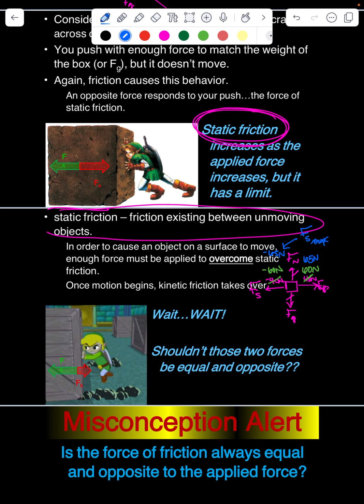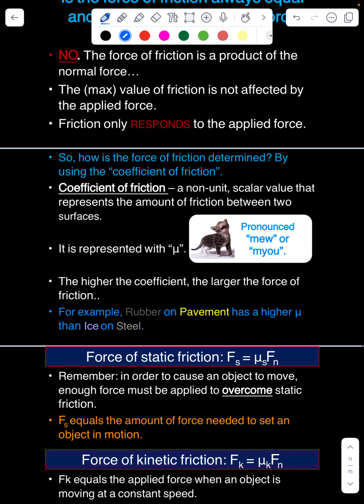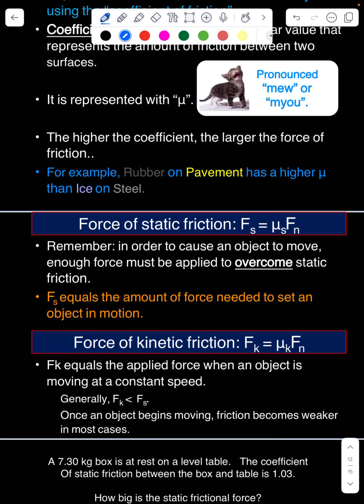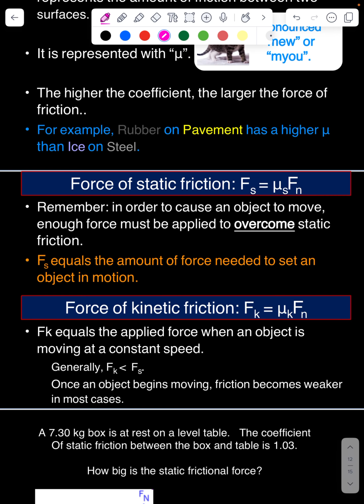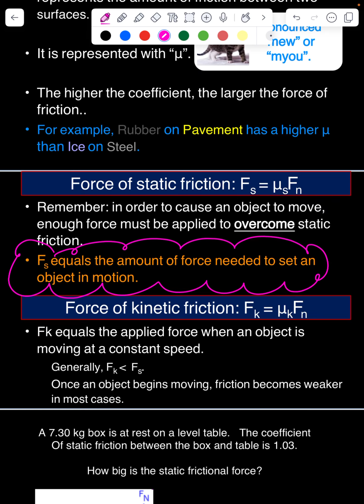Our static frictional force is equal to the amount of force needed to set an object in motion, which we just called our maximum static frictional force.